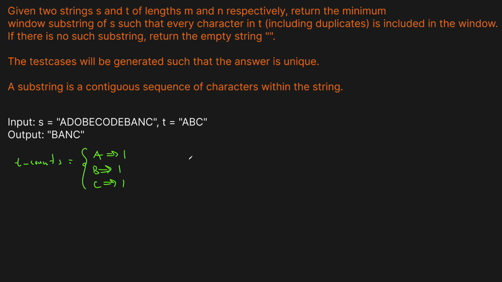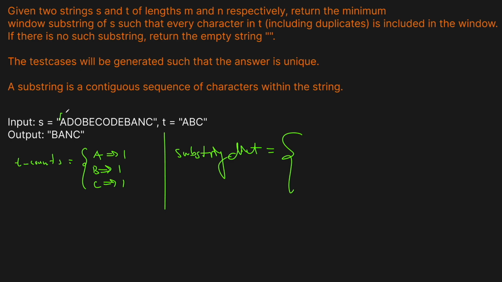Now we're going to want to keep track of the characters in our current substring. So we're going to call this substring dict. What this is going to do is keep track of the current characters in our substring that we have.